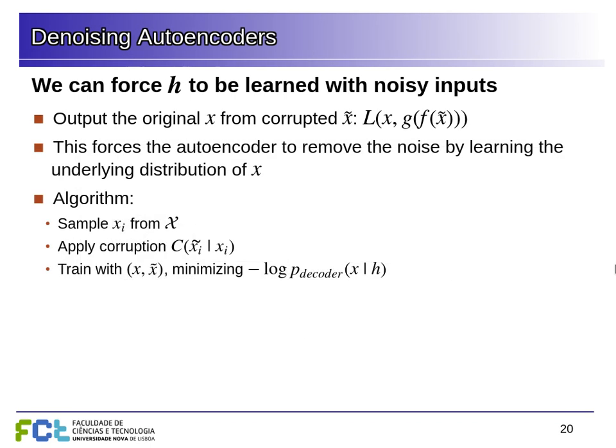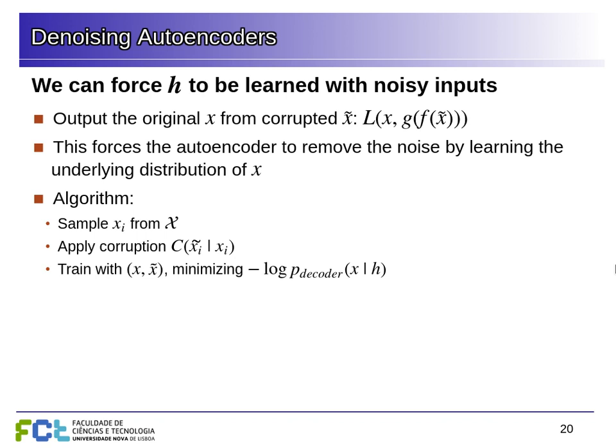So the algorithm here is simple. We just take one example and apply the noise, the corruption. Usually this can be done by setting some of the inputs randomly to 0, so they are missing, so to speak. And then we train by minimizing the distance between what the decoder is outputting and the original data without the corruption.